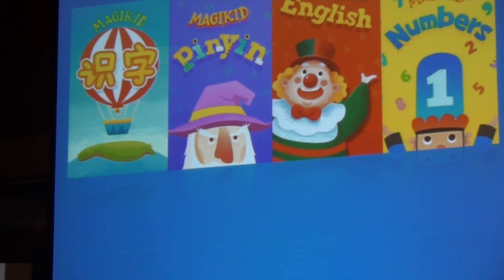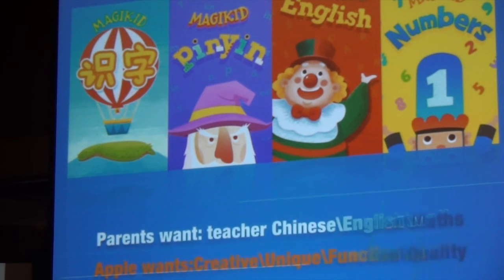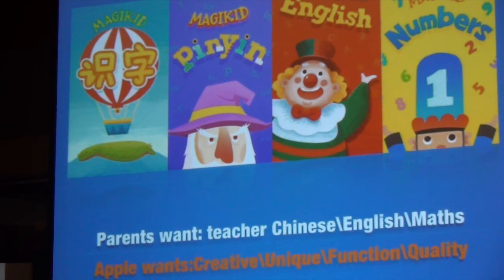So that's what's coming. But I will say that this is only what parents want. Apple wants something creative, unique, functional, and quality. This is maybe because we have been featured by Apple many times. Sometimes we talk about what kind of things they are willing to feature.